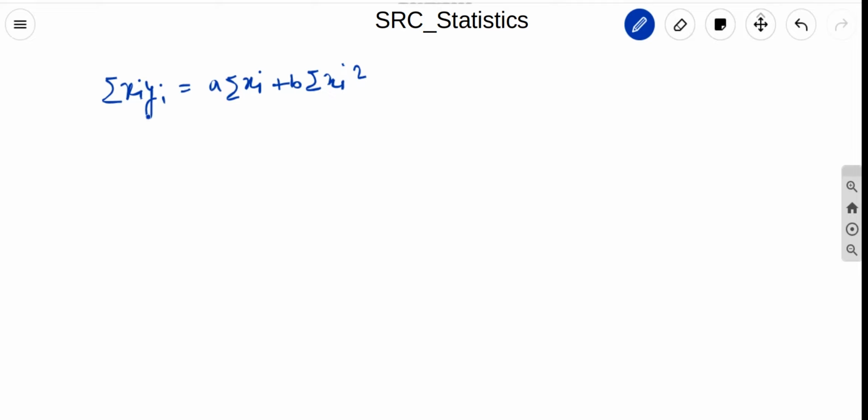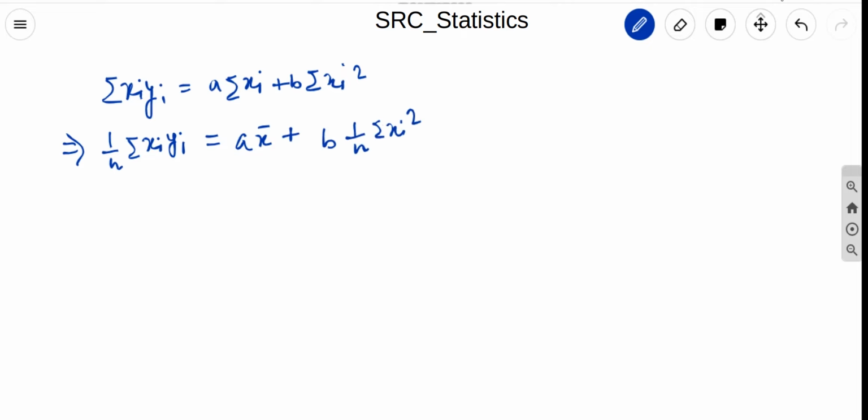Now you remember the second normal equation: summation xi yi equal to a into summation xi plus b into summation xi square. We divide both sides by n. So we get 1 by n summation xi yi equal to a into summation xi by n, which we know is a x bar, plus b into 1 by n summation xi square.